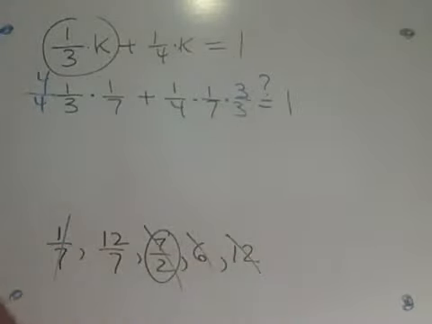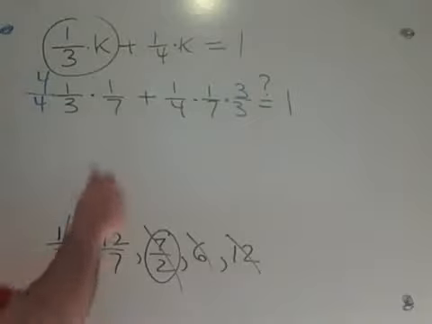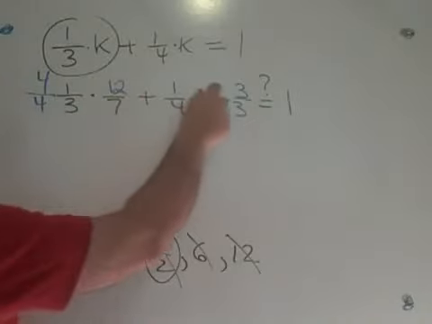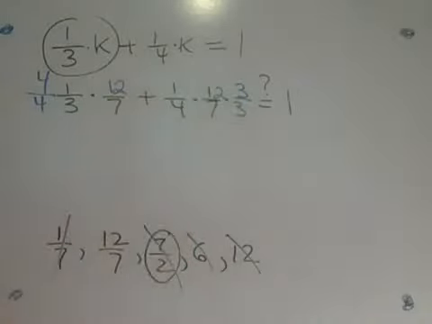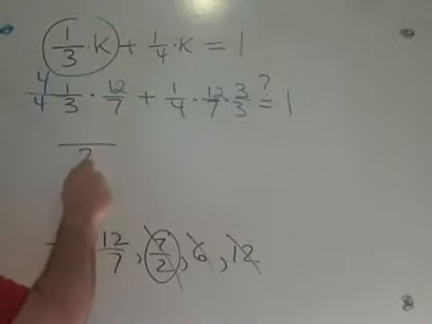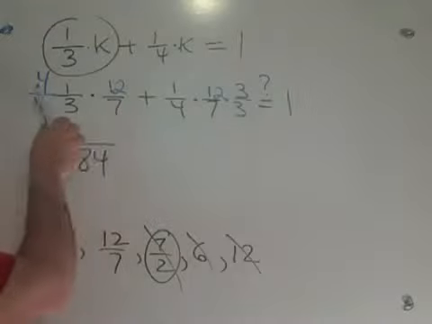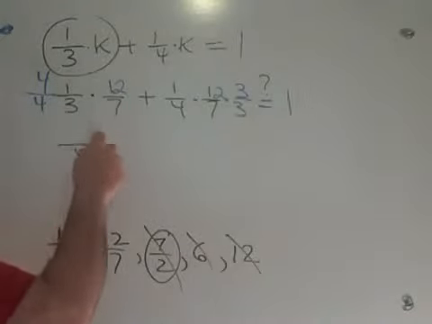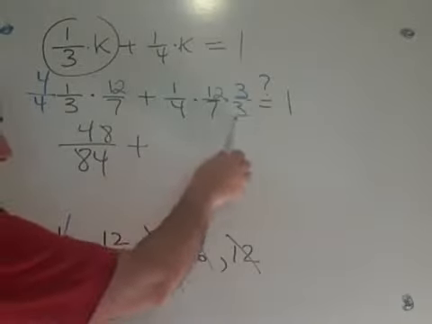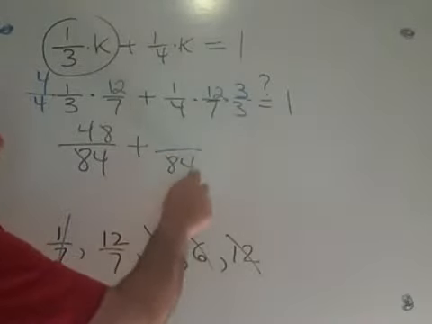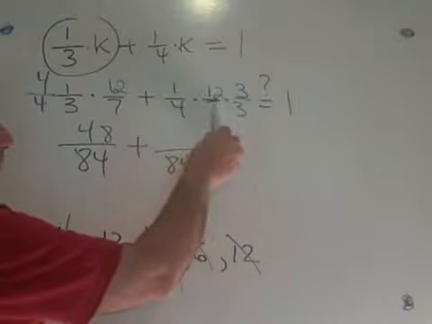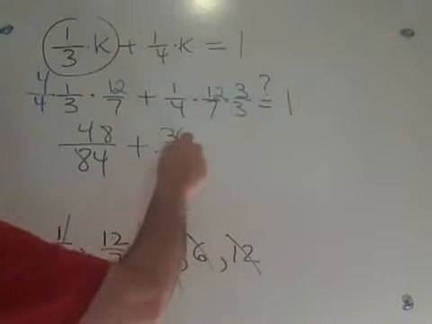The nice thing about trying 12/7 is that they have the same denominator. The only thing that changes is the numerator. It's 12 instead of 7. Okay, so it's still over 84. 4 times 1 is 4, times 12 is 48, plus it's still 84 on the bottom. 1 times 12 is 12, times 3 is 36.